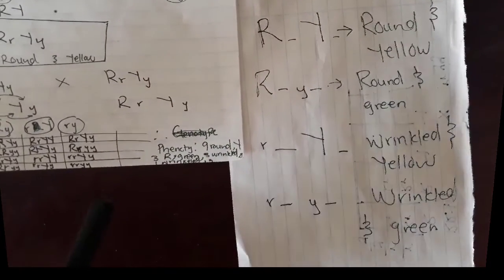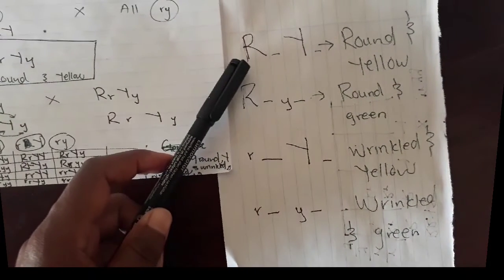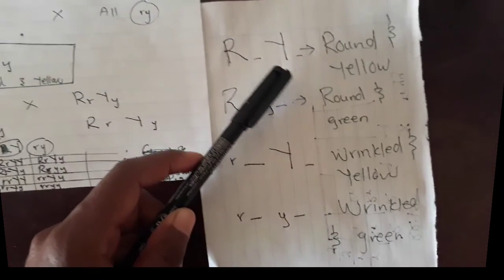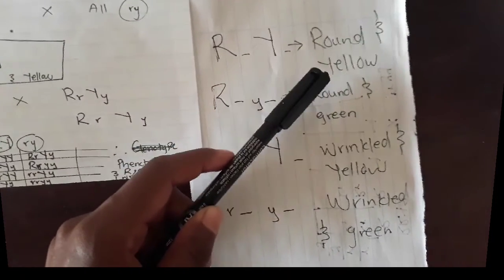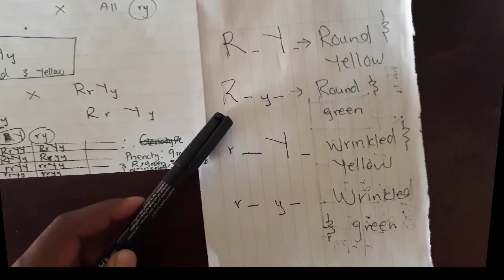Something to note, if we have a dominant letter R, regardless of the second allele, and also if we have a dominant letter Y, regardless of the second allele, we will have round and yellow phenotype.